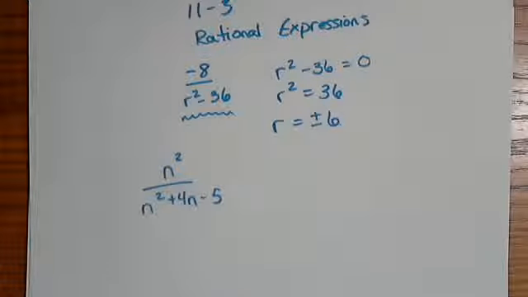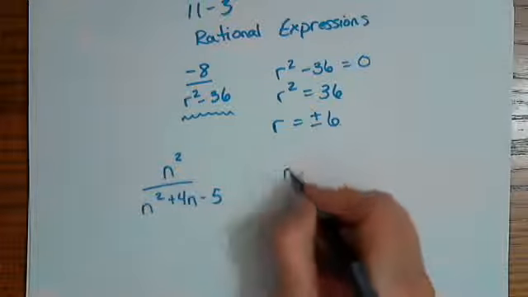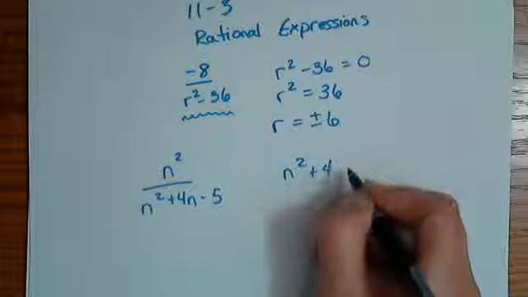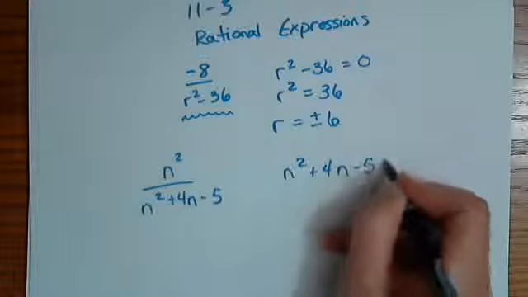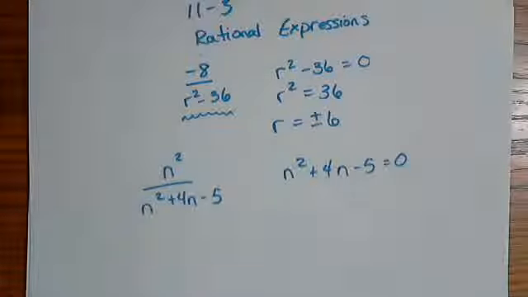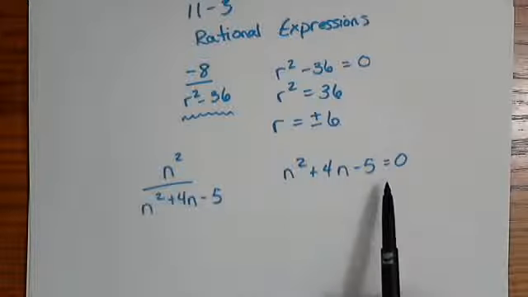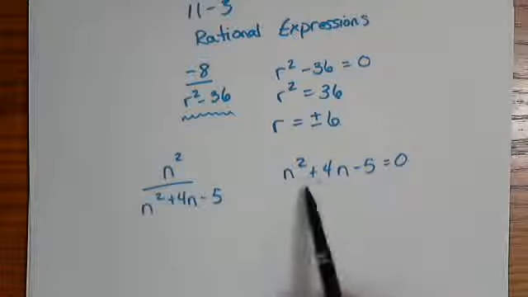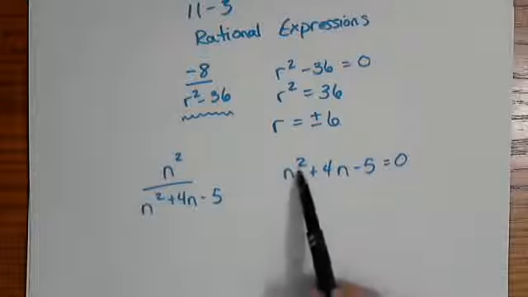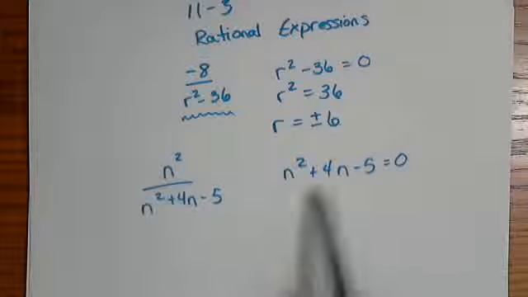So when is this denominator 0? Well, let's find out. n squared plus 4n minus 5 equals 0. How are we going to solve for that n? Do you remember how we can do that? You could use the quadratic formula because this is a quadratic equation. It might be easier to factor.